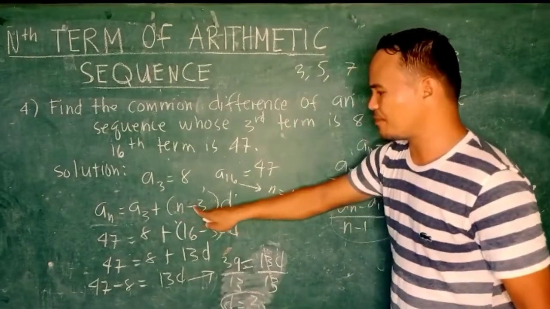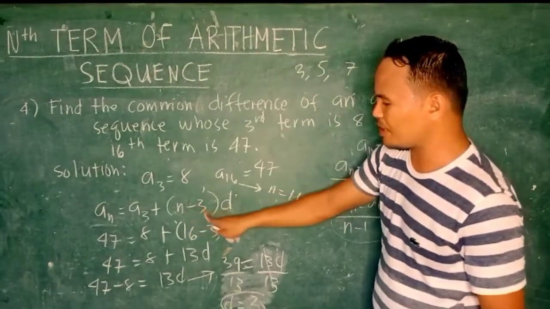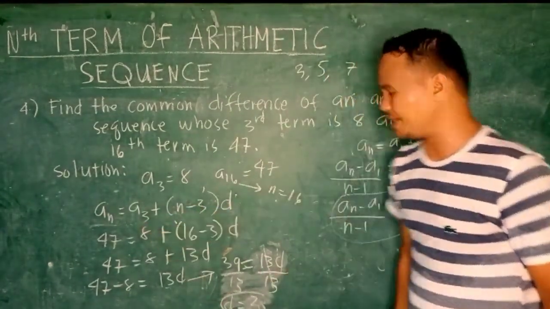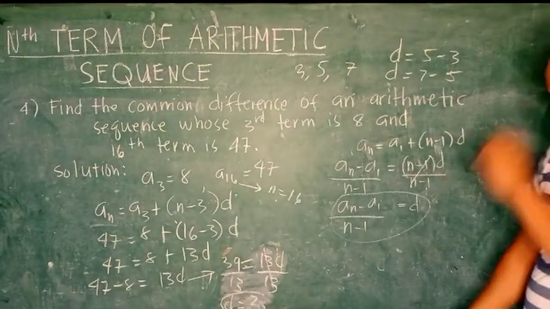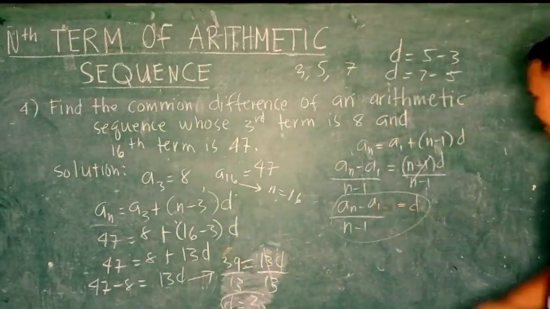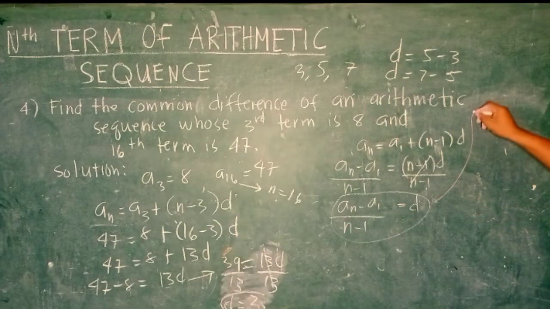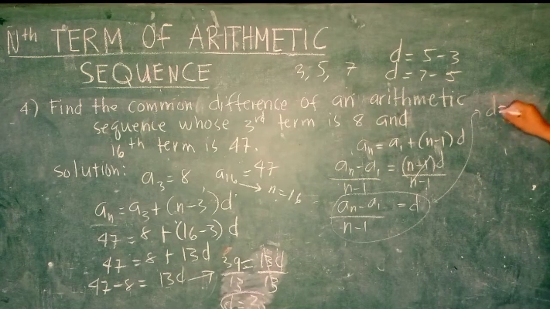We change the minus 1 to minus 3 because we are using A sub 3. So D equals A sub n minus A sub 3 over n minus 3.